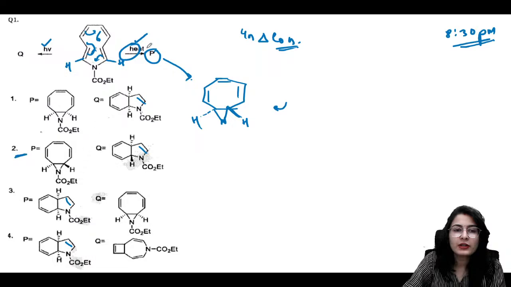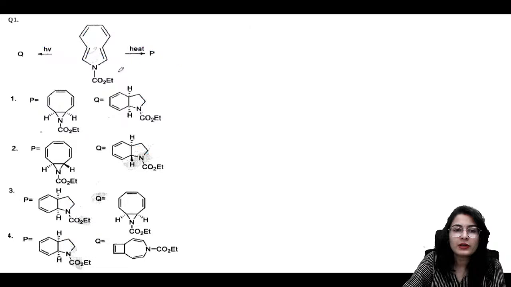But if we try out another possibility in the same question, that here we did a 4n cyclization. If we try out heat के presence में 4n plus 2, अगर ये possibility try करें तो ये con-rotatory नहीं होगा. This is going to be disrotatory. So how are we going to do that?